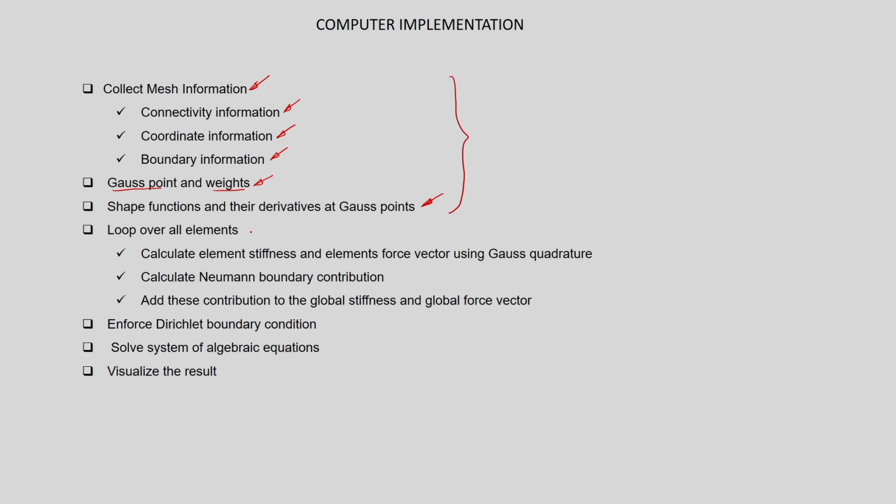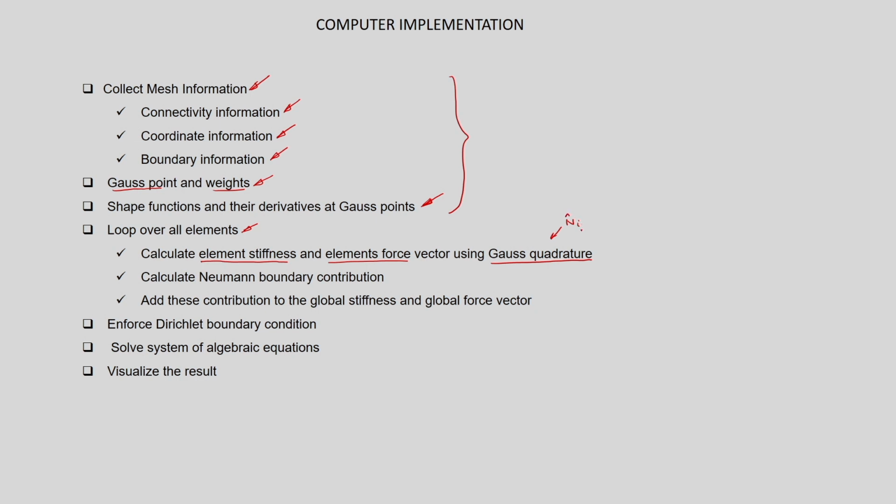So, then what we will do, we will loop over all the elements, means we will put a for loop over all the elements, we will visit each of the elements, find out the element stiffness and the element force vector. So, that we did in the example problem, but in that case we integrated manually. Here we will be using Gauss quadrature rule. So, here we need the derivatives of the shape functions, alright.